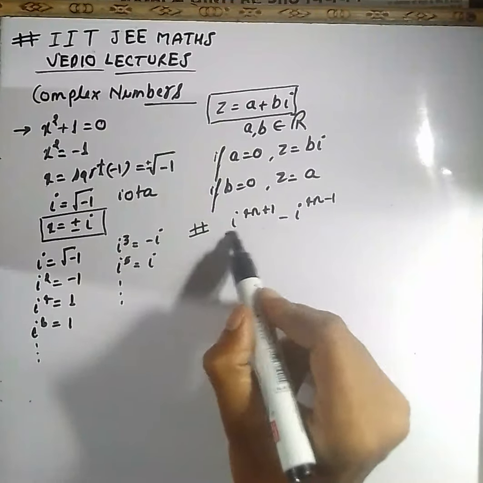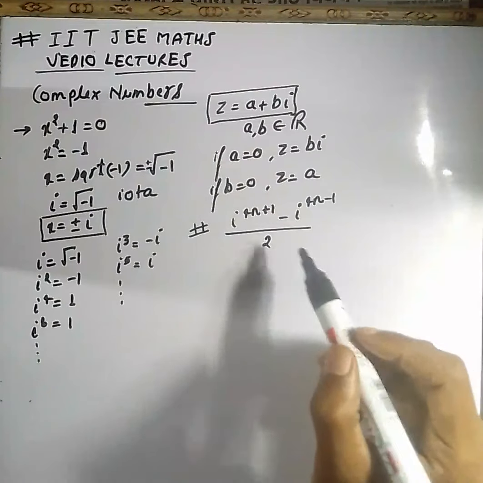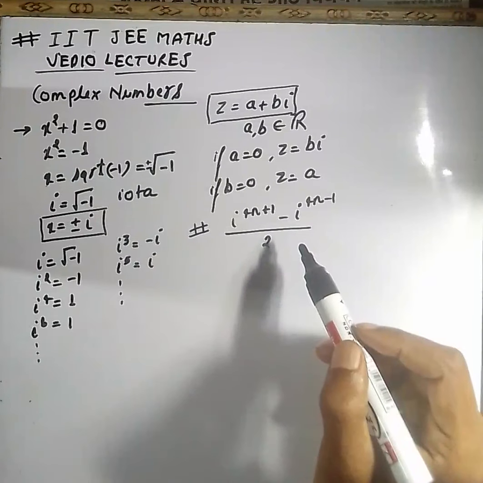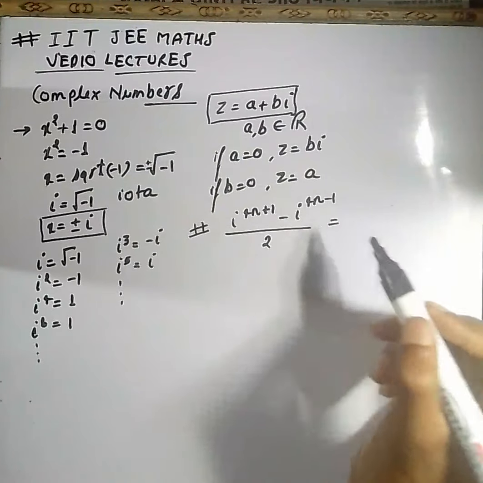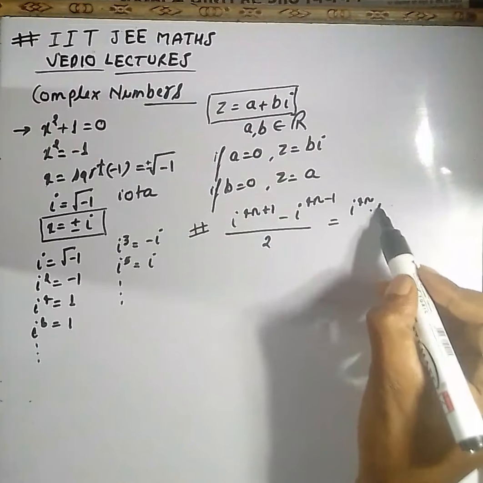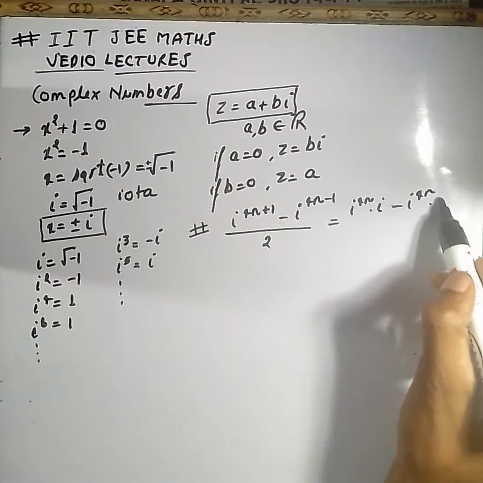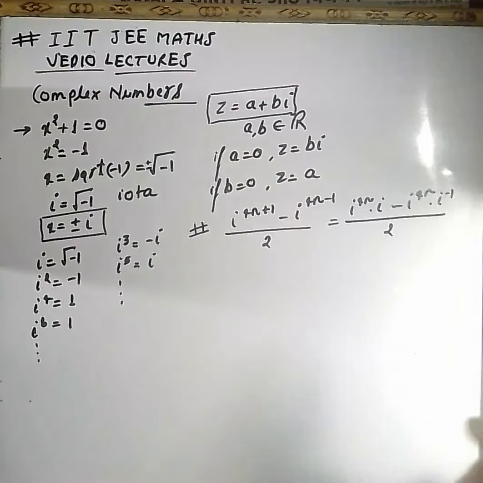This was the problem asked in the IIT JEE: i to the power 4n plus 1 minus i to the power minus 1, upon 2. That equals to i to the power 4n into i minus i to the power 4n, i to the power minus 1, upon 2.